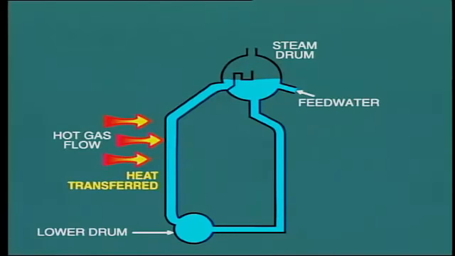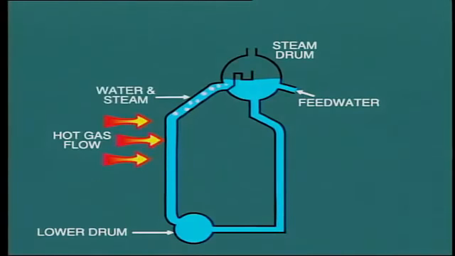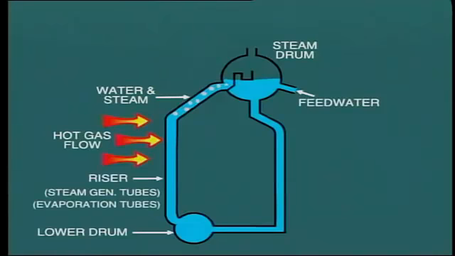The heat transfer is by conduction through the tube metal. Sufficient heat is added so that steam bubbles form within the water, and these rise to the steam drum. These tubes are often known as risers for this reason. They are also called steam generation tubes and even evaporation tubes in some locations.